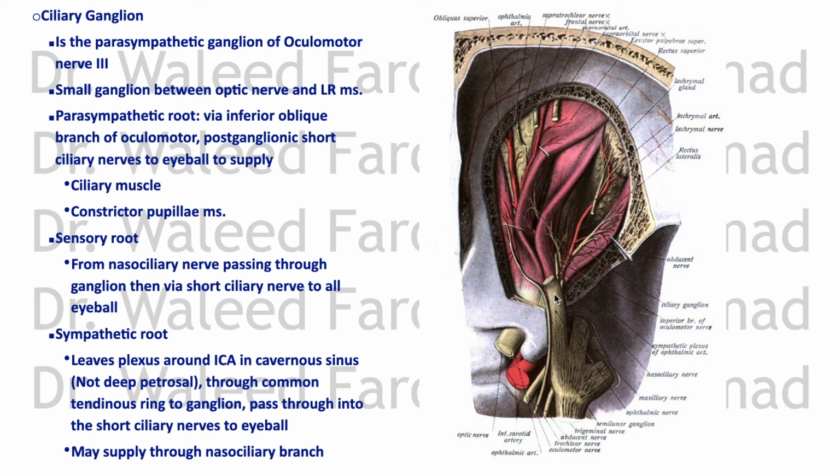The sympathetic root are the ones derived from the plexus, and they traverse the ganglion without synapsing as long ciliary nerves, and to be distributed also with the short ciliary nerves. And don't forget that the ophthalmic nerve is a sensory nerve, so it will receive sensation from the globe through the short ciliary nerves back to the ophthalmic nerve and back to the brainstem and the brain, the sensory route for the globe.